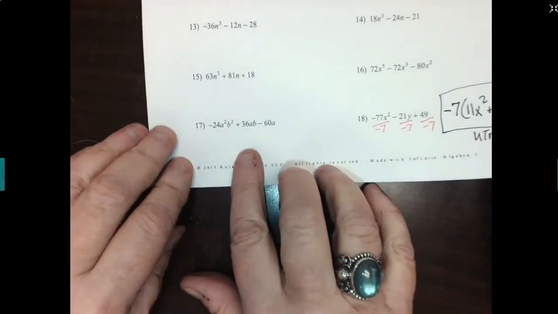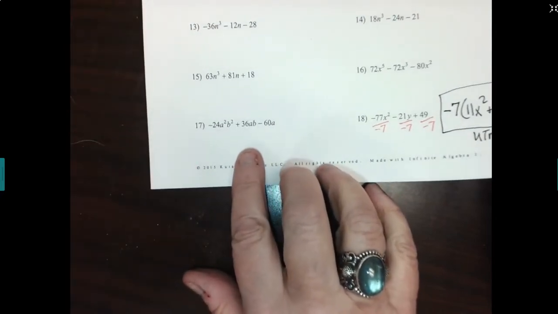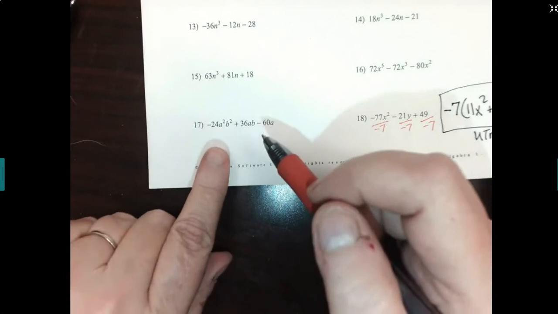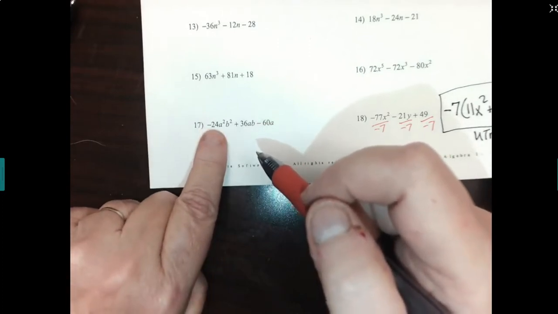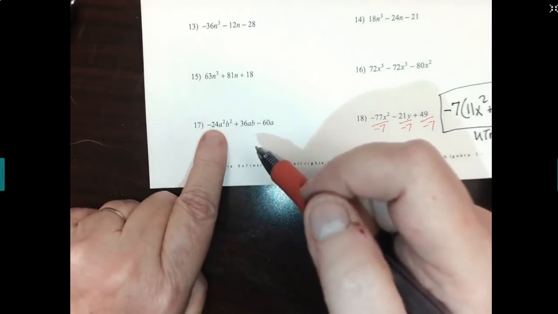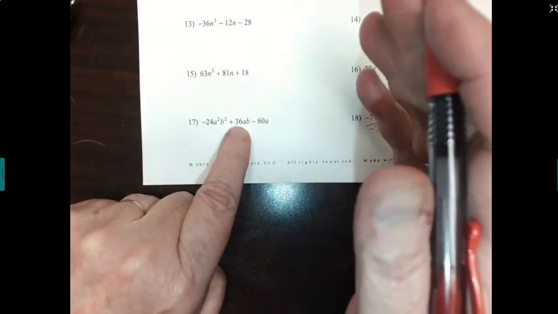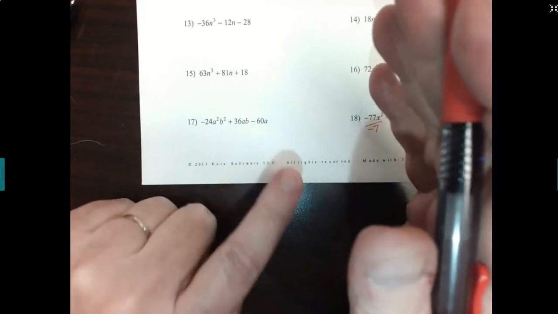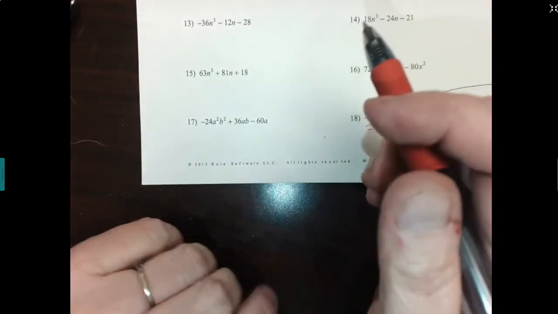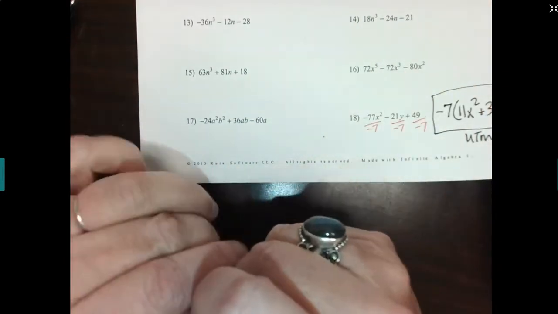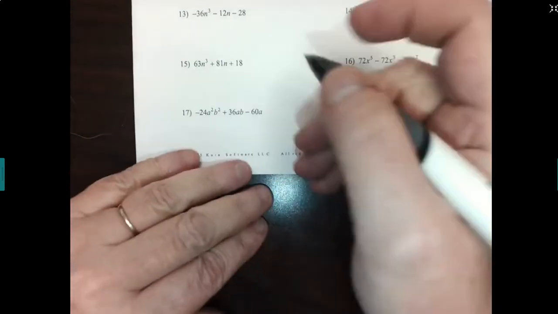Okay, what about this one here? Well, 24 is 12 times 2, 36 is 12 times 3, and 60 is 12 times 5. So I think 12 is going to be the largest factor. And because that's leading with a negative, I'm going to take out a negative 12.